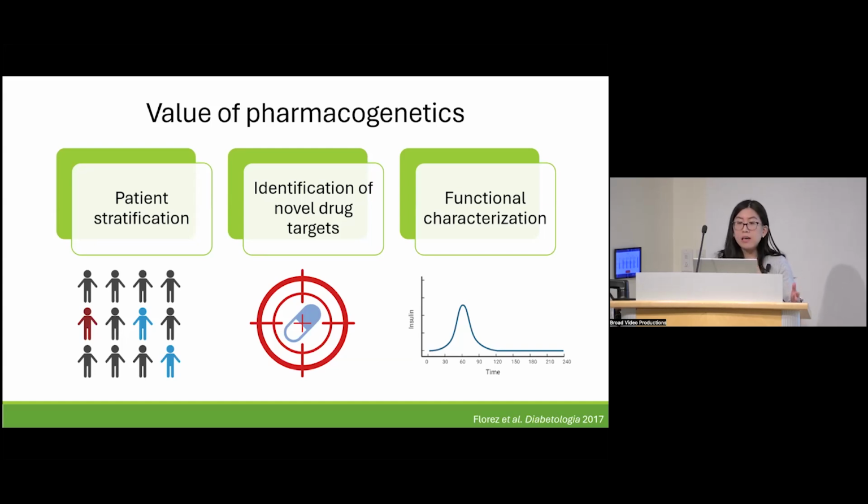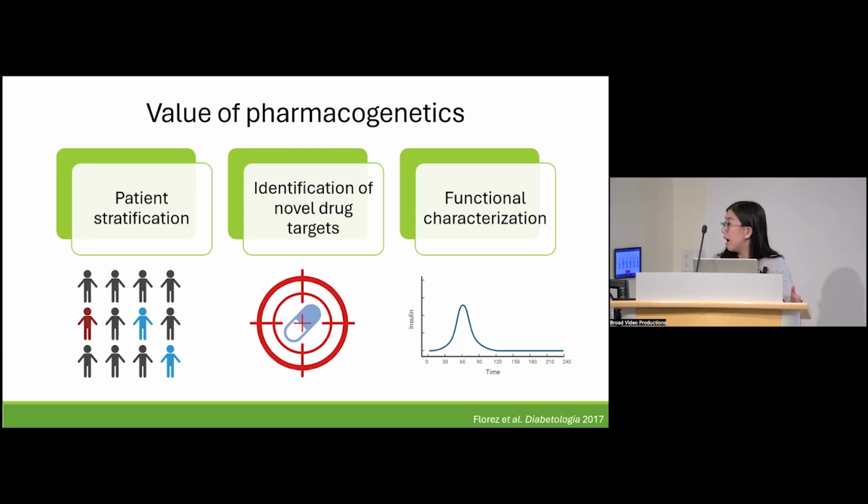And then finally, pharmacogenetics can allow for functional characterization. And so you can use a drug to perturb an individual, and you can also measure whether that perturbation with a drug results in a physiological response that you can then measure and compare, to see whether that response is different by genotype at a particular locus.